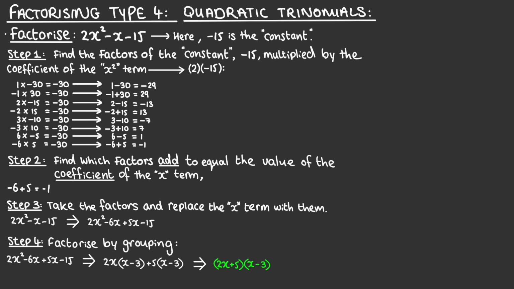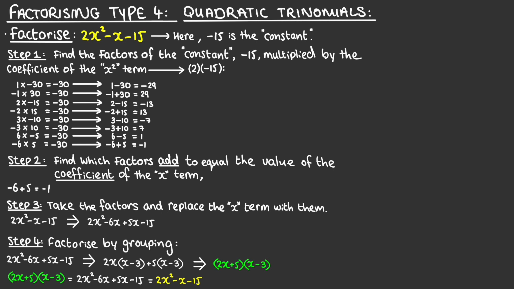So by putting everything together, we ended up with two binomial expressions that represented the trinomial expression that we started off with. As always, we can then multiply out the brackets to check our answer to see if we're correct. Multiplying these brackets out and simplifying, we end up with 2x squared minus x minus 15.